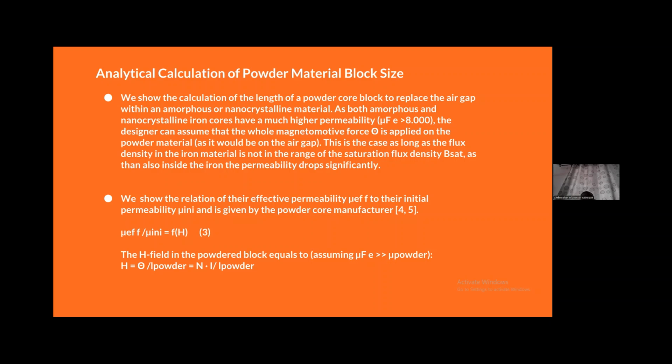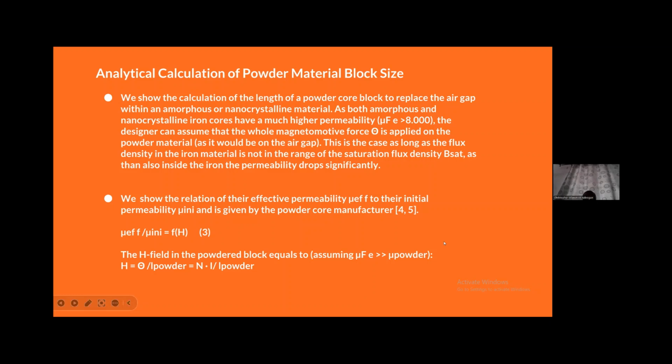Otherwise, inside the iron, the permeability also drops significantly. So we show the relation of the effective permeability, mu effective, to the initial permeability, mu initial, as given by the powder core manufacturer. So we have mu effective over mu initial equal to F of H, and that's the third equation.